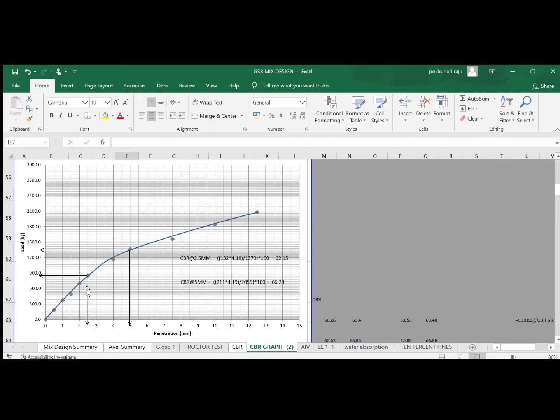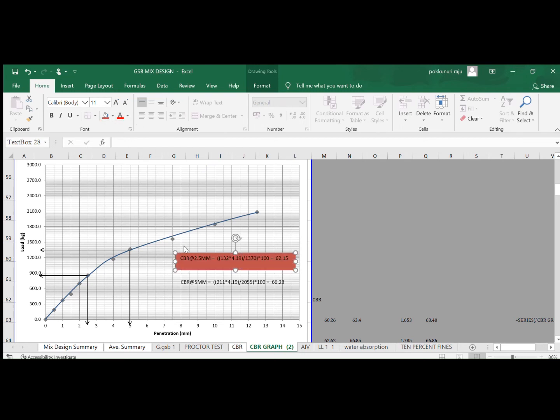Corresponding to 2.5 millimeter penetration, the corresponding value will give you the load in kgs, and corresponding to 5 millimeter penetration you will get the load. This load divided by the standard load will give you the CBR at that penetration. For example, in this particular case at 2.5 you have the CBR of 62.15 and at 5 millimeters you have the CBR of 66.23.